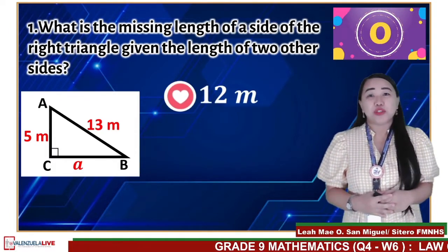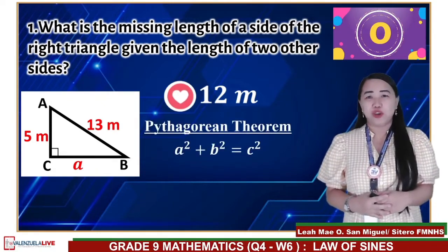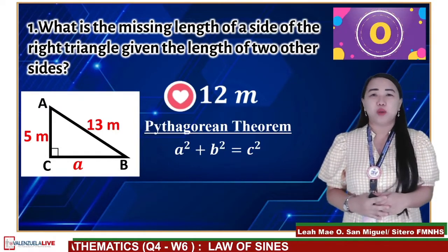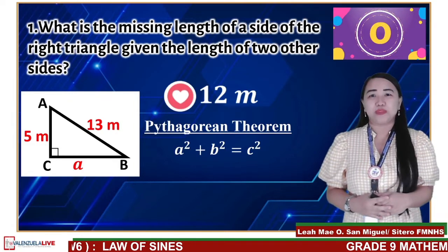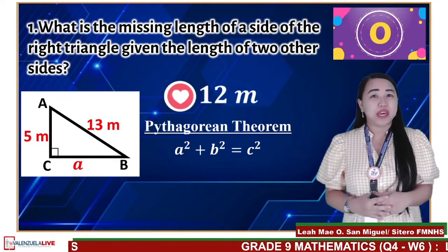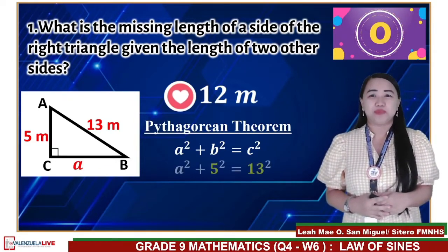How? This can be solved by using the Pythagorean theorem, where c is the length of the longest side of the right triangle and a and b are the legs. The unknown side is a. Hence, b is equal to 5 and c is equal to 13.